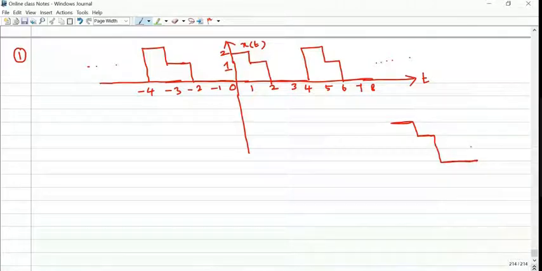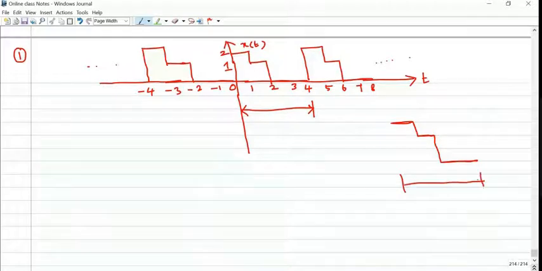Then again the same format will be repeated. Okay. So the time period of the signal starting from here up to 4, correct? This forms one fundamental time period or one fundamental cycle. Okay. So capital T equal to 4.